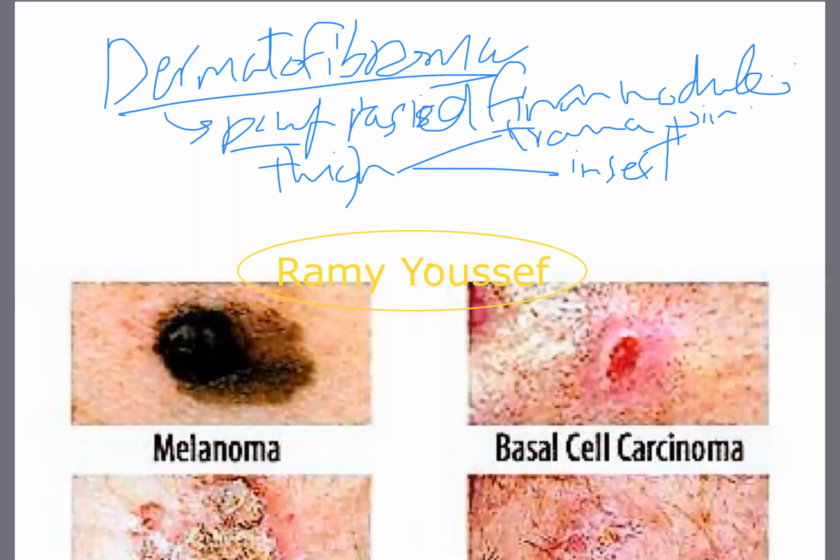You know the picture of an insect bite? This is the same as dermatofibroma. When you feel the lesion, it appears smaller than it is; it is larger and subcutaneous, and sometimes it gives some pain. This is characteristic of dermatofibroma. He will tell you there is a site of previous trauma or insect bite. So it is dermatofibroma.